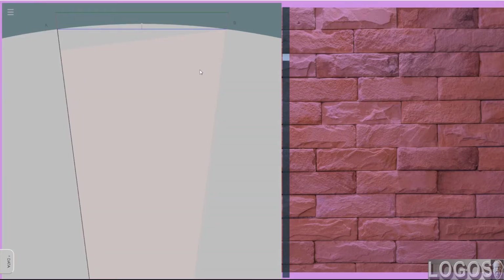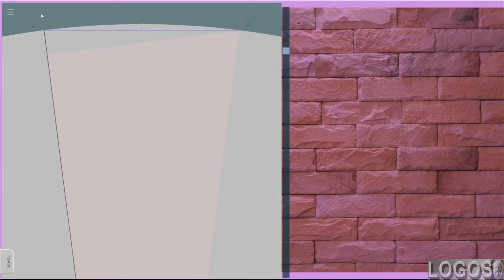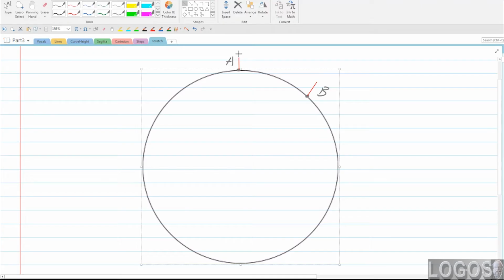Now, let's talk about, now this apex is a tangent. It's tangent to the middle. But what about A looking onto B? What is A's maximum visibility onto B? Well, we have to draw a line. There's a tangent line.